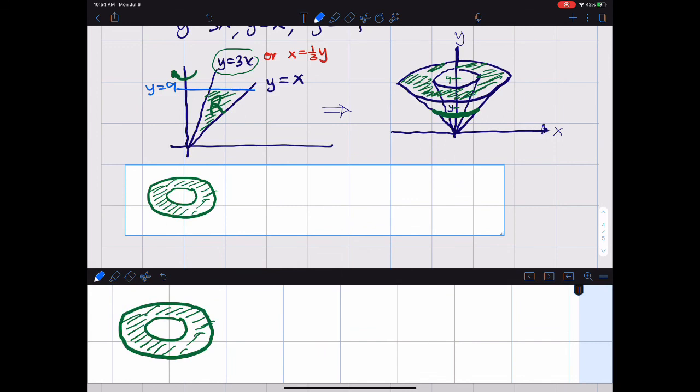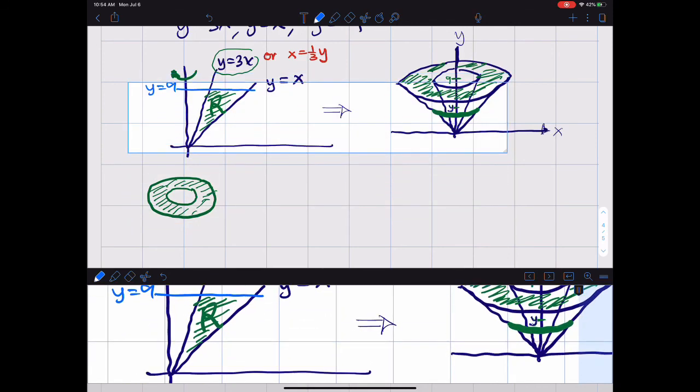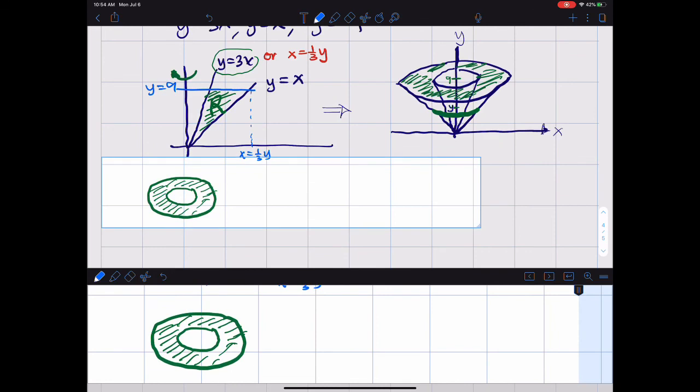So y equals 3x, but along the x-axis, x is equal to 1/3 y. No, the inner radius. I am sorry, I'm messing things up.